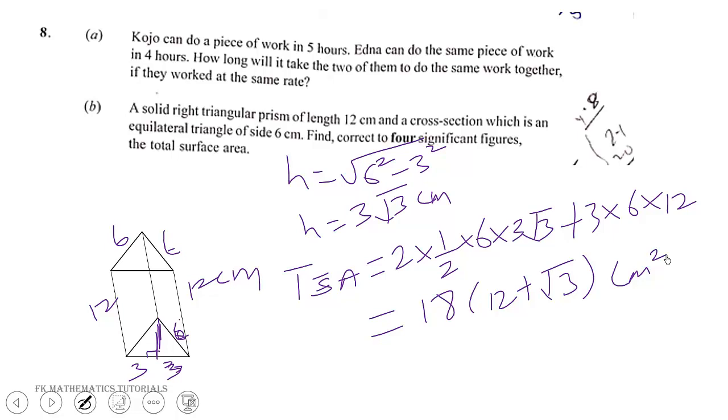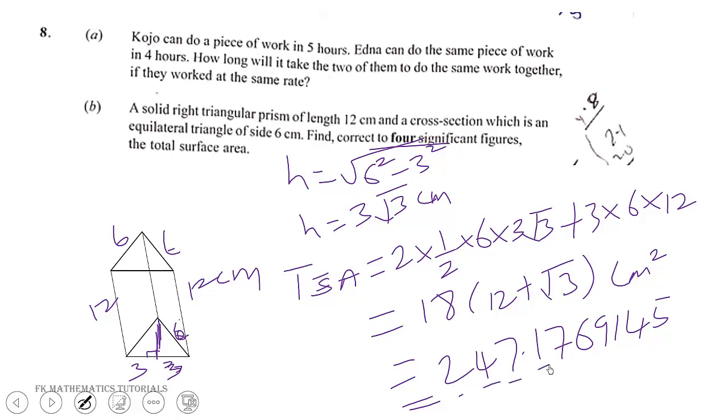In decimals, this will give us 247.1769145. And to 4 significant figures, we are going to get 1, 2, 3, 4. So 247.2 centimeters squared.